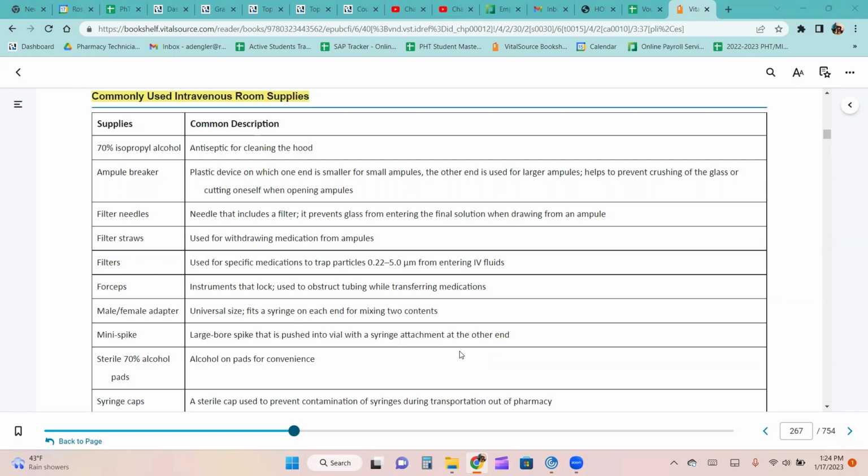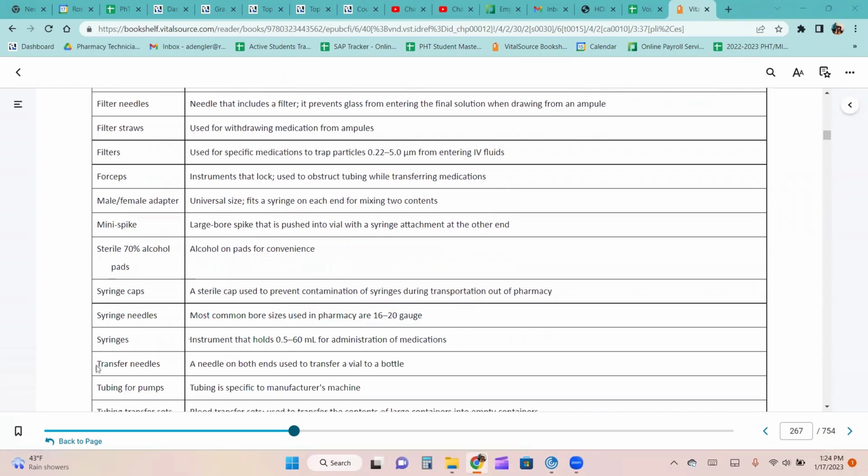Male and female adapters, universal size, fit on a syringe on each end for mixing two contents. Mini spikes, a large bore spike that is pushed into a vial with the syringe attachment at the other end. Sterile 70% alcohol pads. Syringe caps, a sterile cap used to prevent contamination of syringes during transportation out of pharmacy.